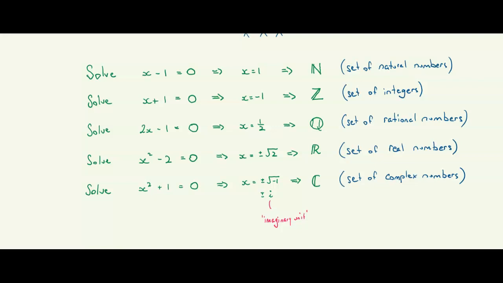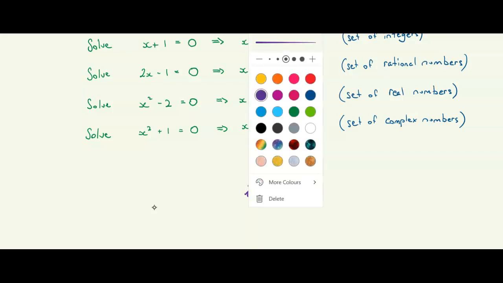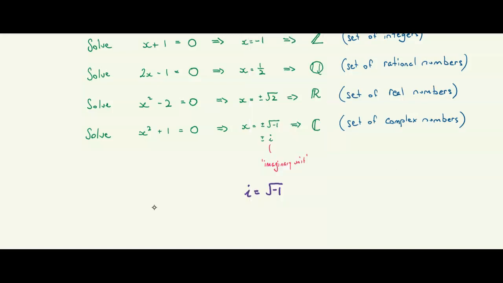But every single one of those sets of numbers is a subset of the complex number system. So we arrive at i being equal to the square root of -1, and that's our imaginary unit, i standing for imaginary. Imaginary because it was first used to solve cubic equations.